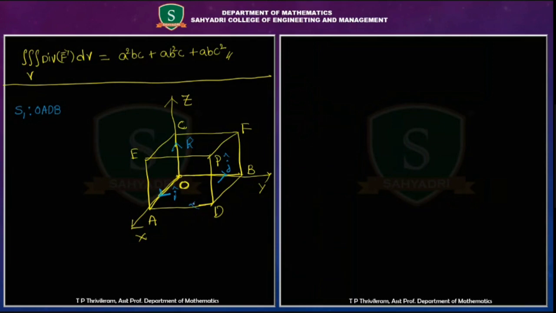That means bottom of the box. Next, S2. I am taking it as OCEA. So what is OCEA? Check once. OCEA, so that means this side of the box, the left side of the box.